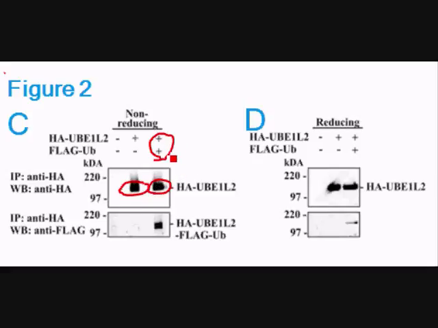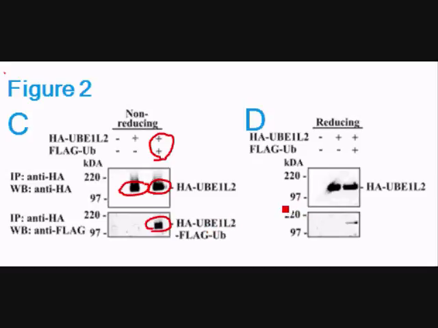But in this case, when we had flag ubiquitin in there, and we immunoblot for the flag tag with anti-flag antibody, we see that the ubiquitin has now co-immunoprecipitated with the UBE1L2. So this told them that indeed, in vivo, UBE1L2 and ubiquitin are bound together.